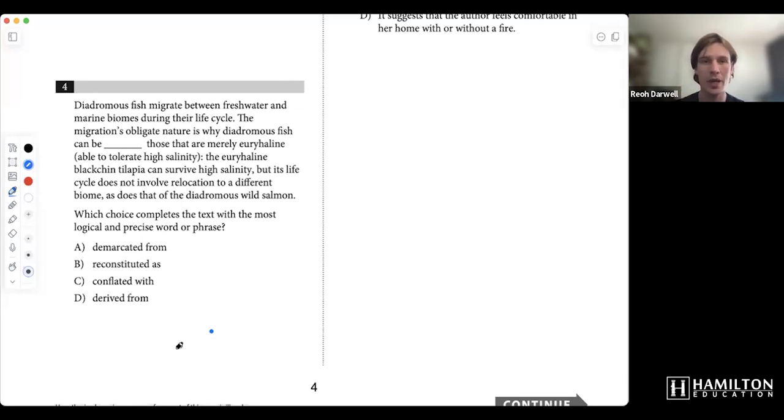Conflated with, I'm not sure where this comes from, honestly, but it means like associated with, unwisely or incorrectly. So we might conflate two things, like the month of June and heat.